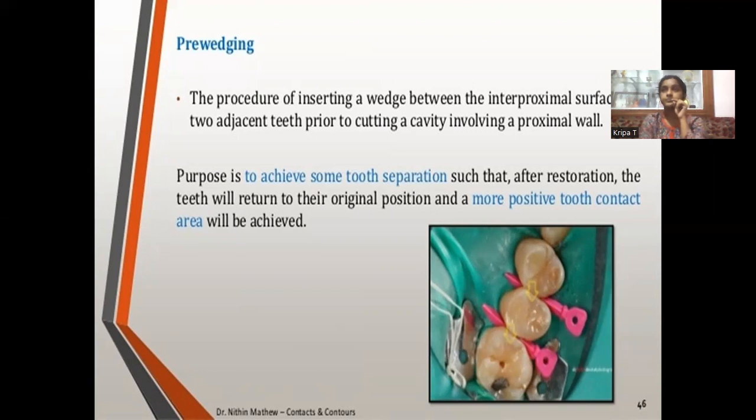This is a very, very important aspect. Pre-wedging is something which is to be practiced by all restorative dentists in order to avoid any discrepancy in the contact once the restoration is finished.